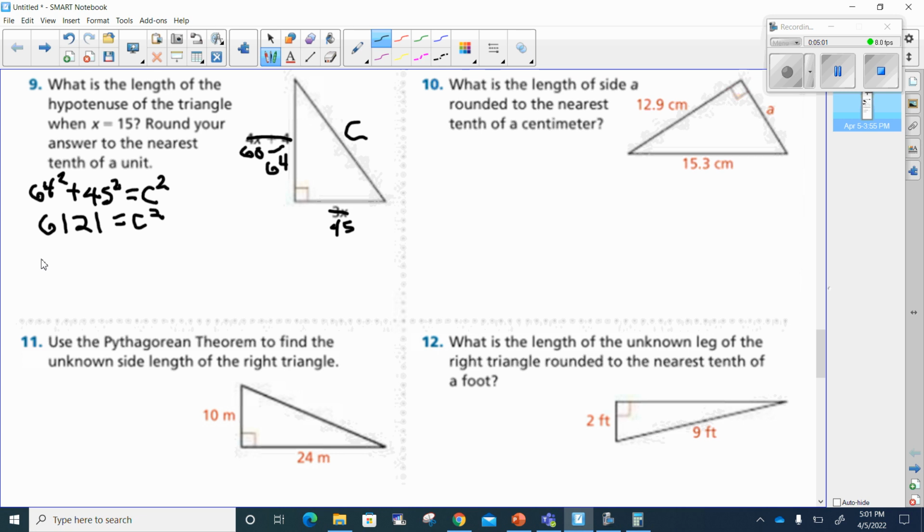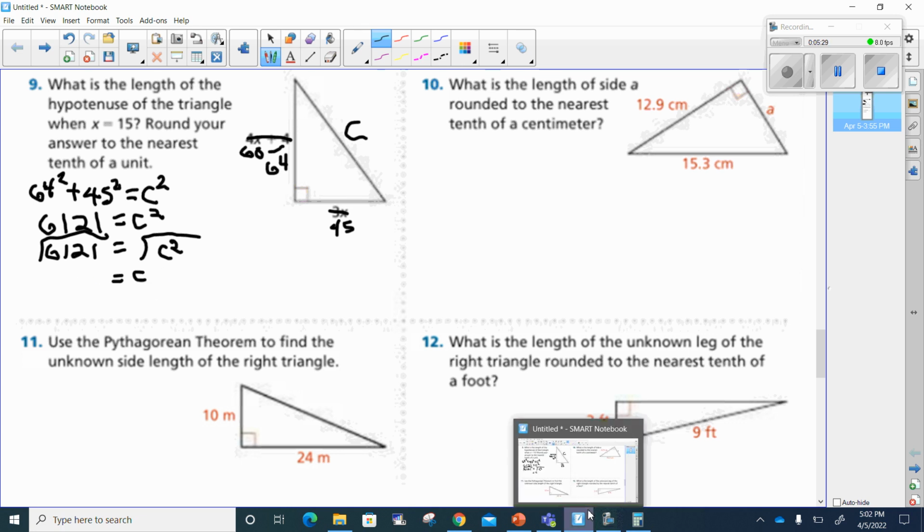So now we have to take the square root of 6,121, and it will equal the square root of c squared, which means we've got to find c over here, because when I square something and I find the square root of it, I get c, and now I got to get the answer over here.